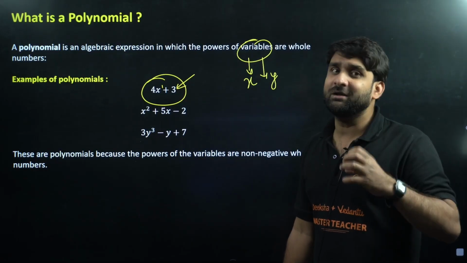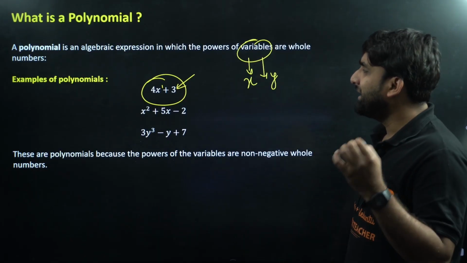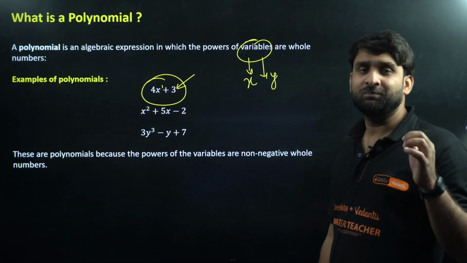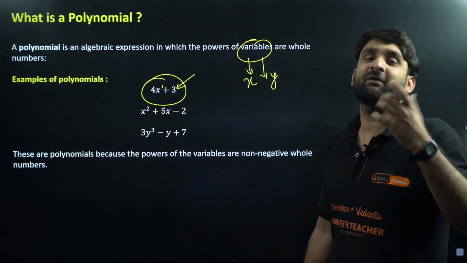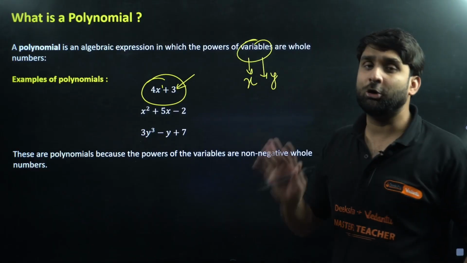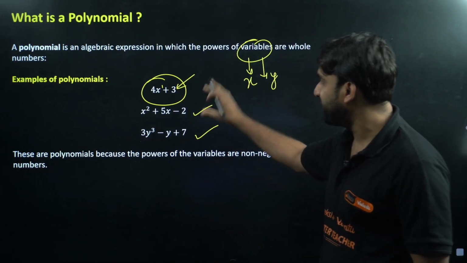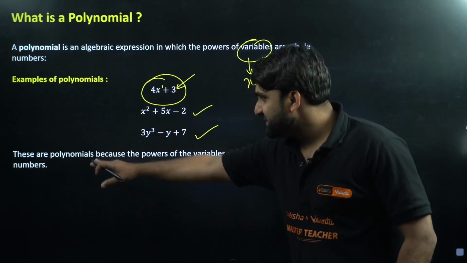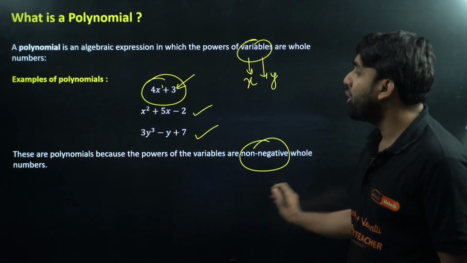This is the identity of a polynomial. For a polynomial, an algebraic expression, the variable should have a whole number power. If the power is negative or fractional, that equation will not be a polynomial. So this is most important. These are polynomials because the powers of the variables are non-negative whole numbers.